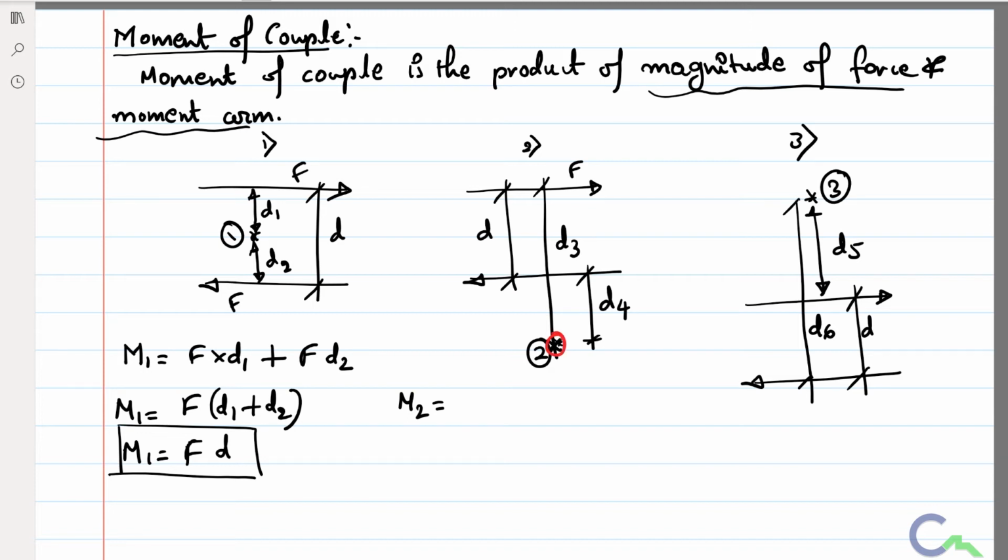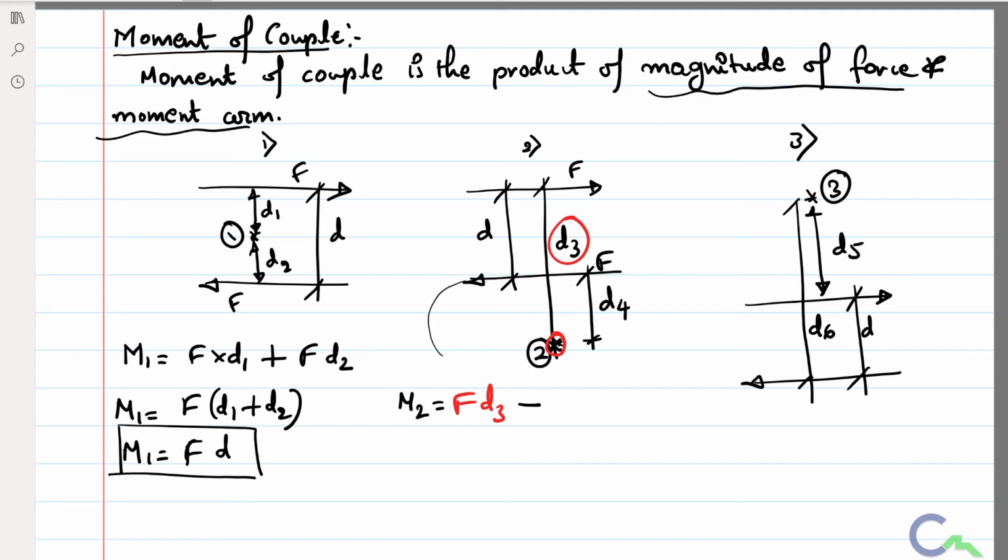So the first force, if I apply this force, it is going to rotate this point in the clockwise direction. Therefore F into distance d3. Then we have one more force, that is F here, the second force. If I apply this force on this point like this, it is going to rotate this point in the anti-clockwise direction.